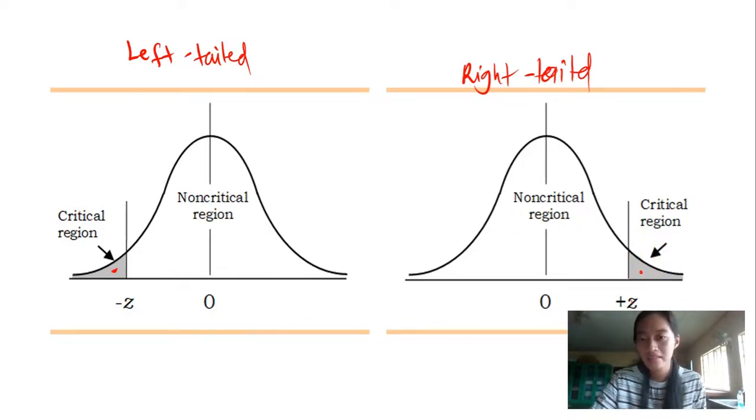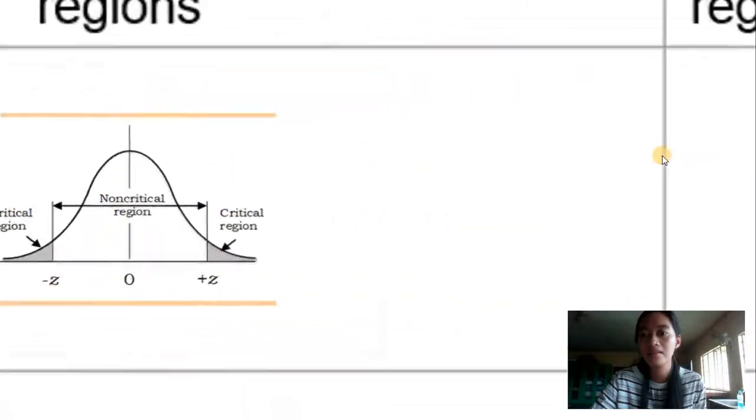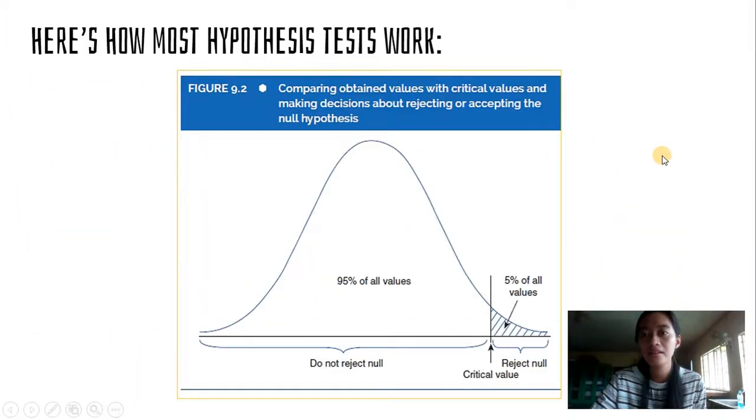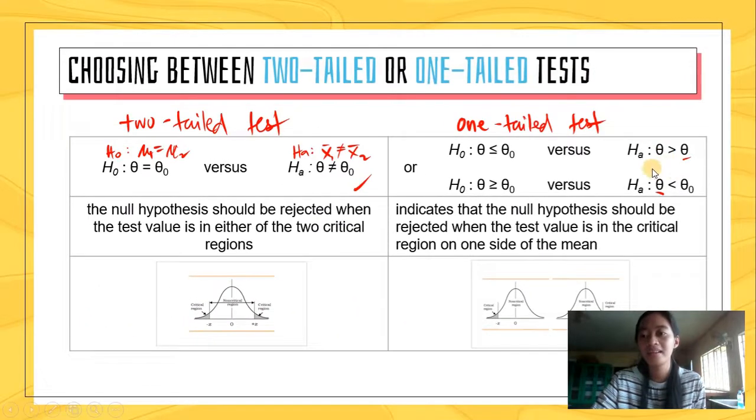It is just about how you have stated your alternative hypothesis. If you want to check if there is a difference, you just use a two-tailed test.